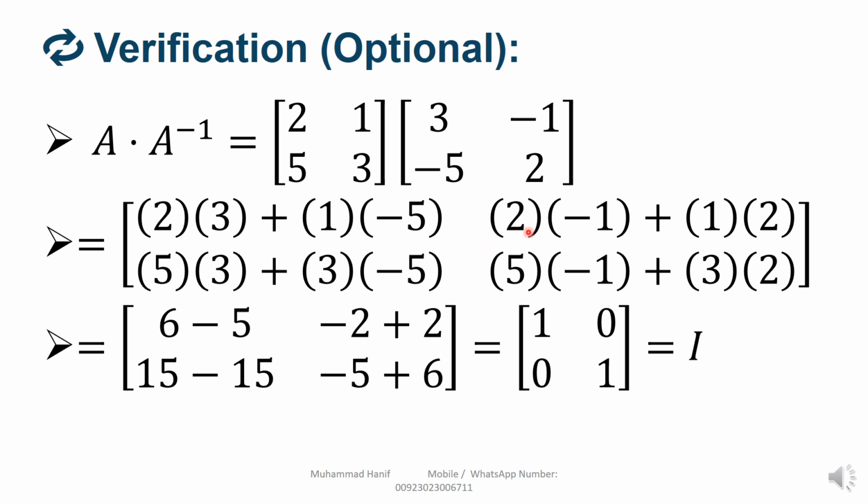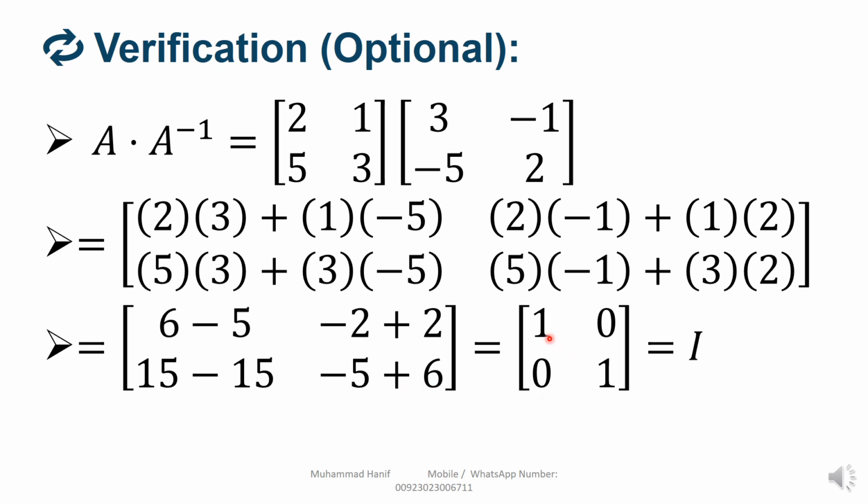Now we simplify this. 2 multiplied by minus 1 is minus 2, plus 1 multiplied by 2 we get 2. 5 multiplied by minus 1 is minus 5, plus 3 multiplied by 2, 6. Now we simplify. 6 minus 5 we get 1. 15 minus 15 we get 0. Minus 2 plus 2 we get 0. Minus 5 plus 6 we get 1.